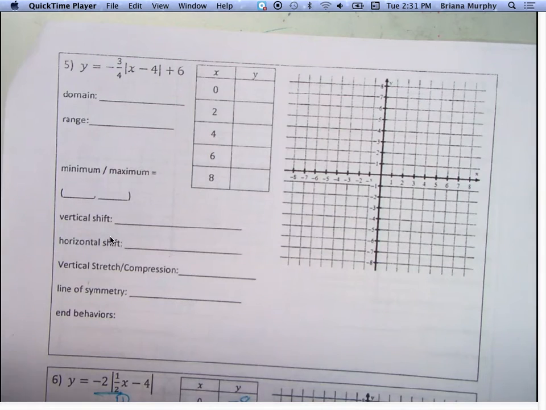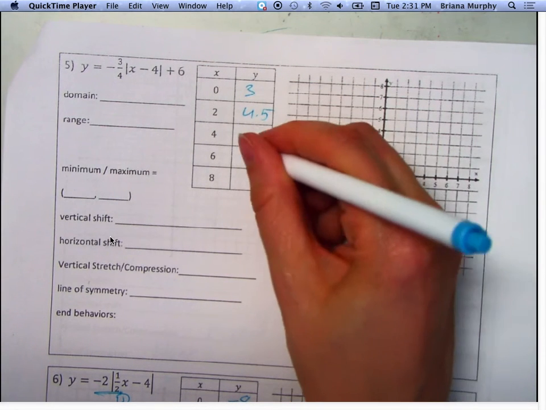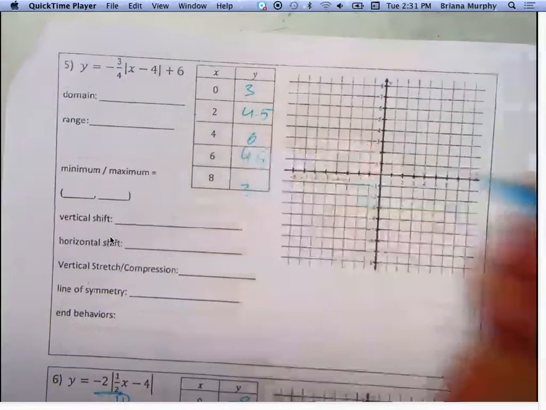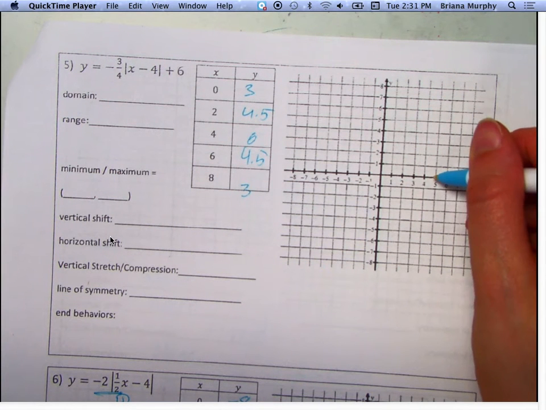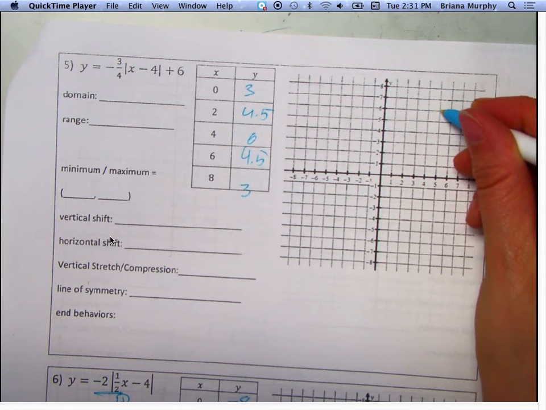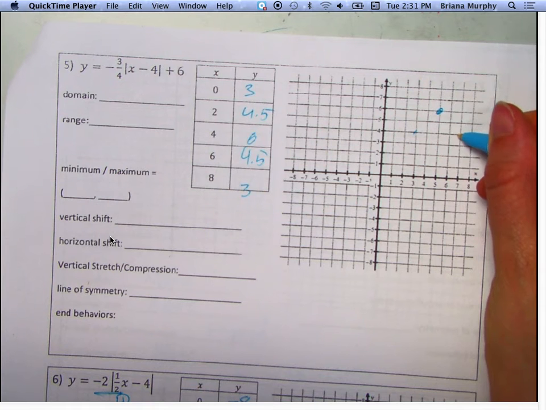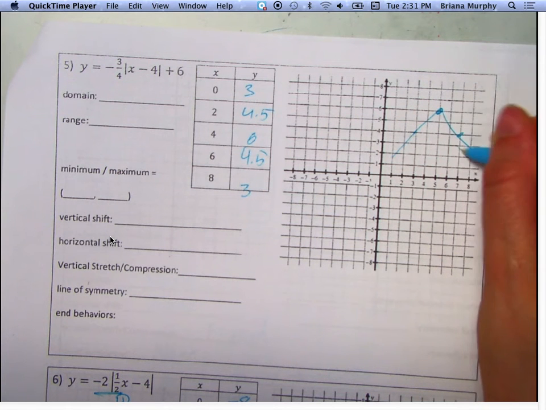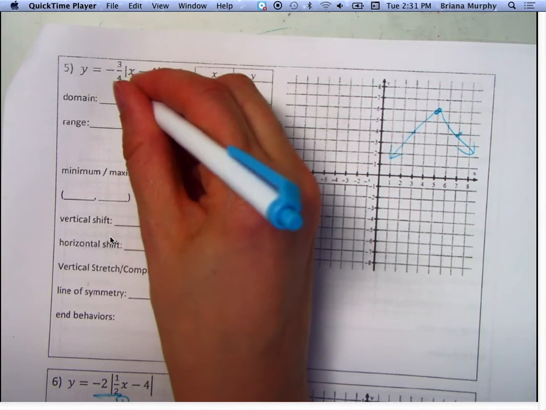For number 5, I've got the points (3, 4.5), (6, 4.5), and 3. I know I'm doing that fast, but remember, you just stick it in your calculator. Okay, we're going like this. So my domain is all real.